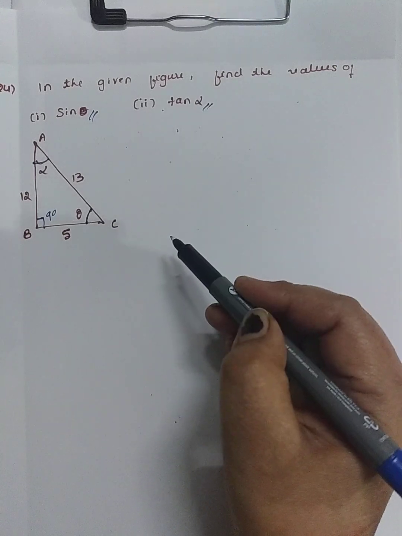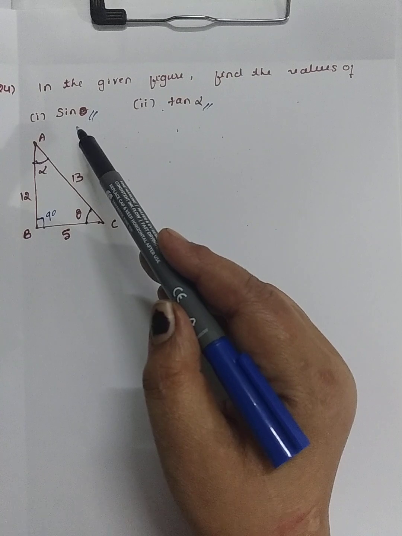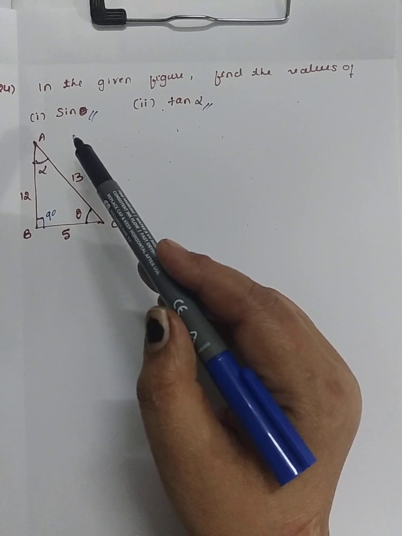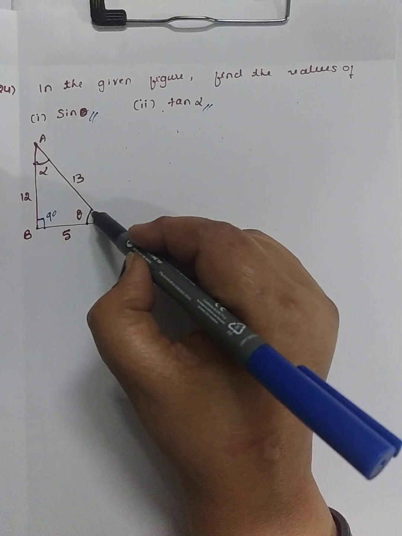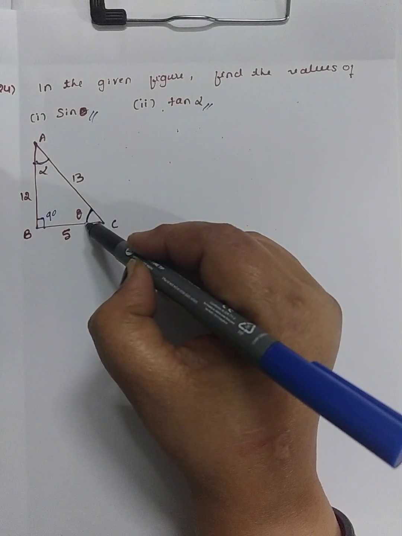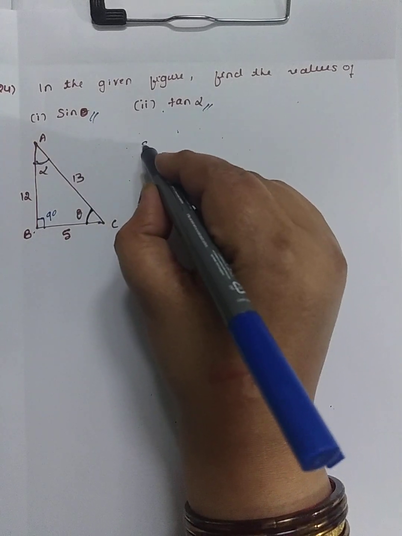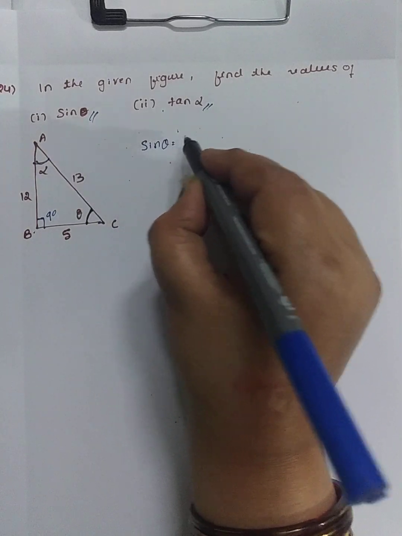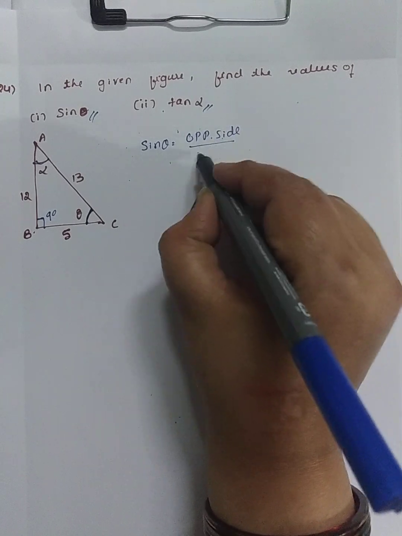So for the sin theta formula, what is the ratio? Sine theta is opposite side by hypotenuse.